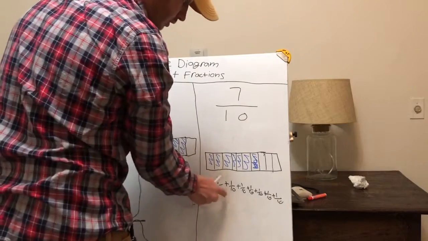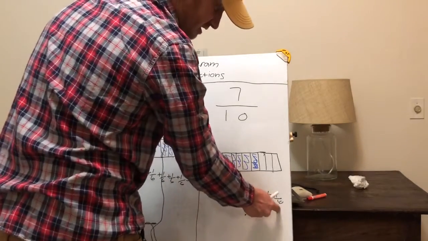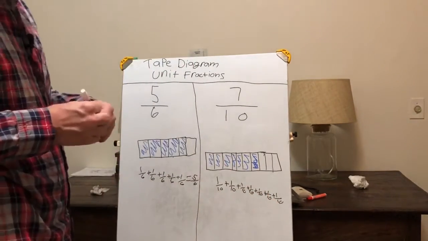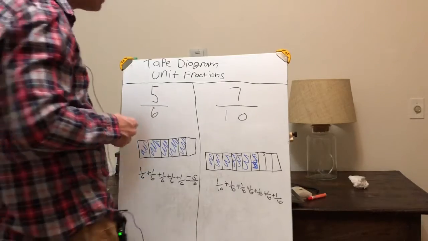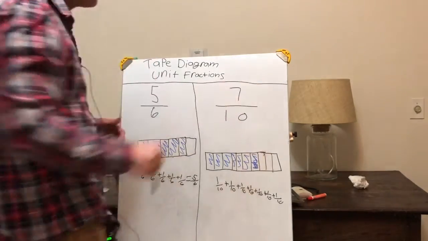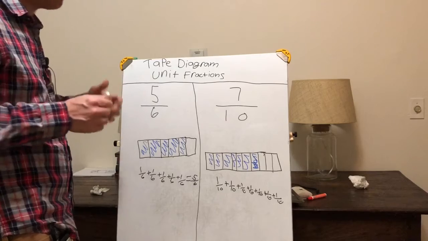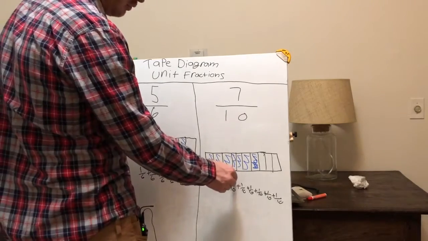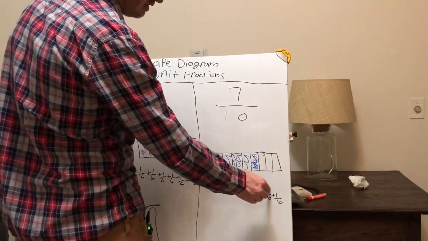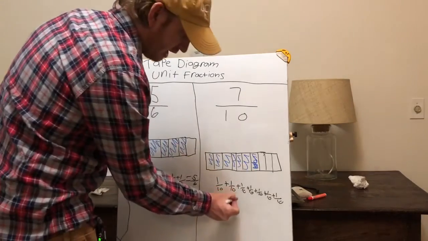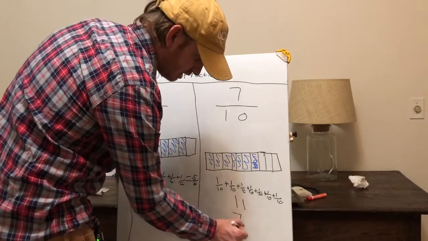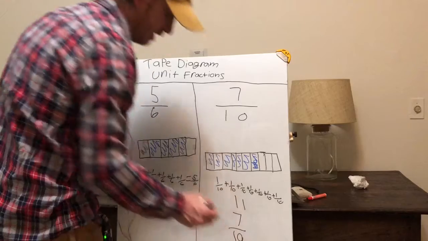Let's see if I got it. 1, 2, 3, 4, 5, 6, 7. So again, we've represented this fraction, 7/10, as unit fractions. So that's going to equal 7 over 10.